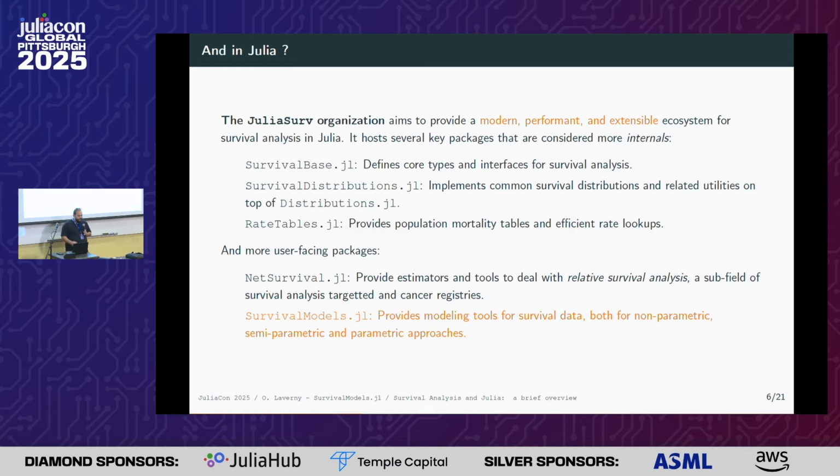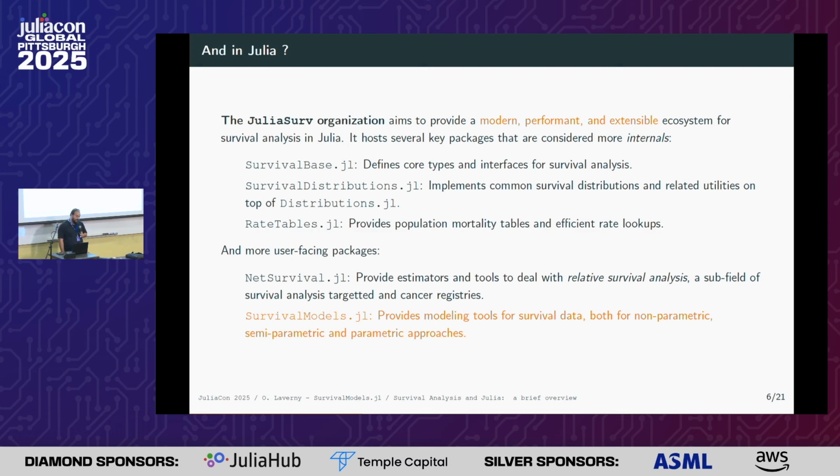So we started again 2 years ago with this JuliaSurv organization that now holds a few packages. You have a few that are underlying, in the background. In the base, there are a few standard types. There are a few standard distributions that are used in the field that are not in Distributions.jl. So we picked the API and implemented some of the things that we needed with it.